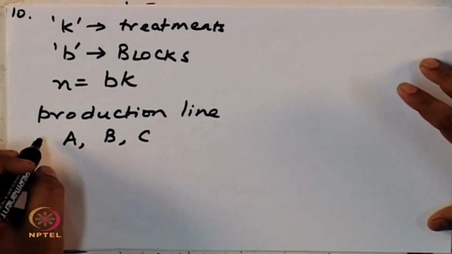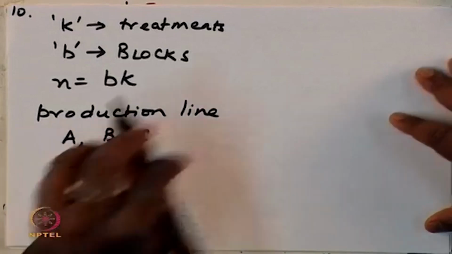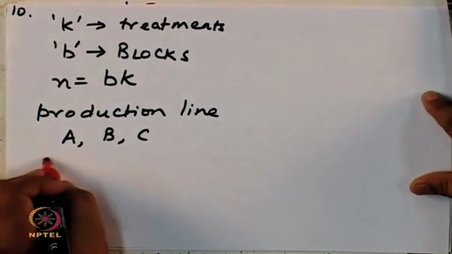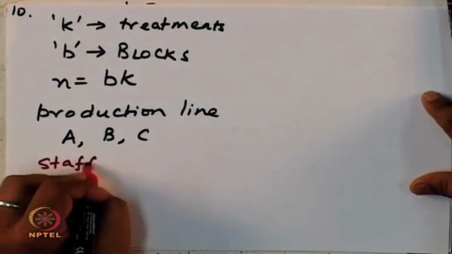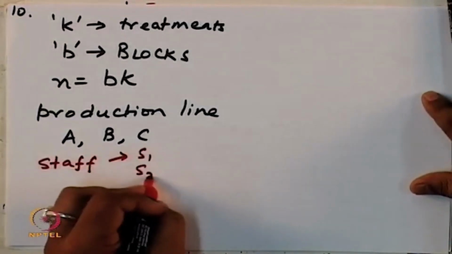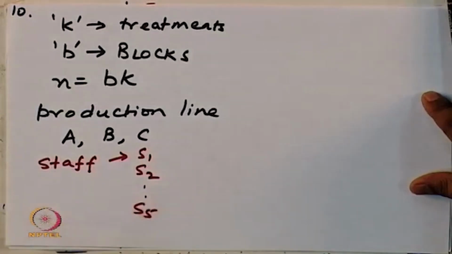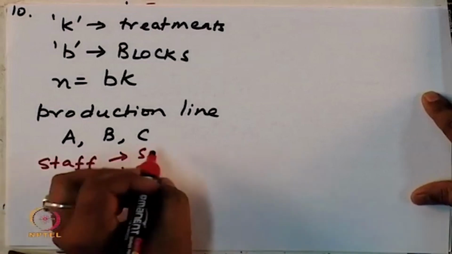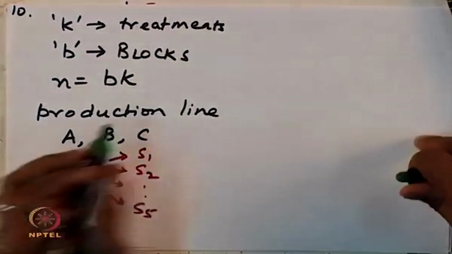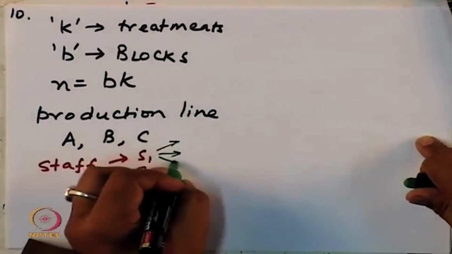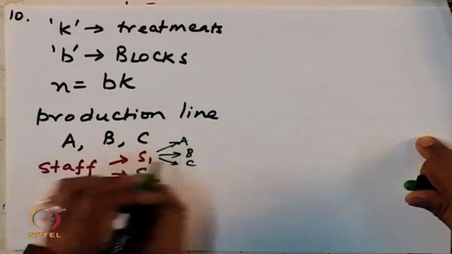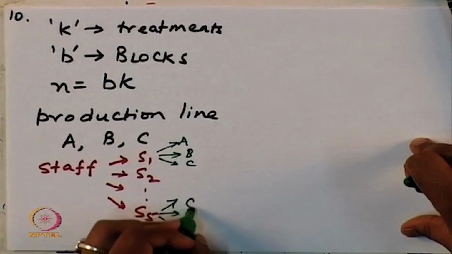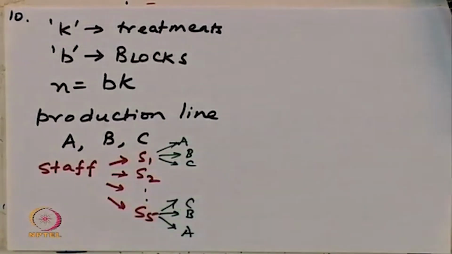The engineer can choose staff, labelled S1, S2 to S5, and each of these participants assembles using A, B, C, but in random order, and so on and so forth.